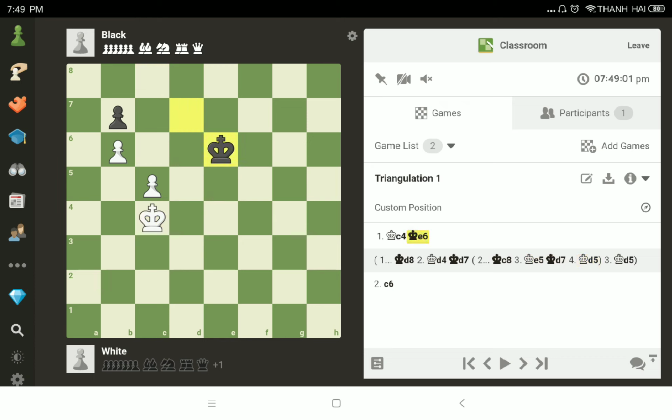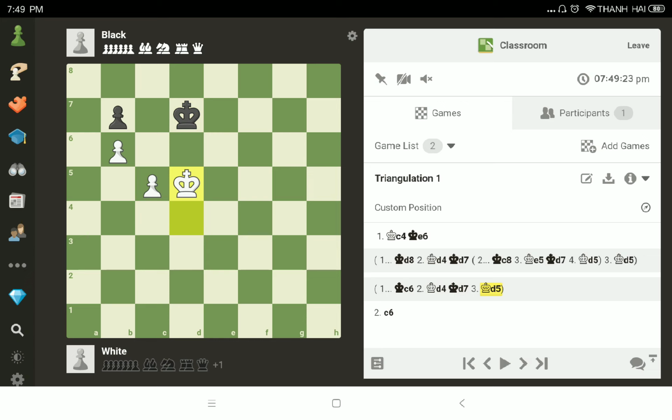Okay, and let's come back to our triangle. King d4. Okay, king c4, king c6, and now black can complete triangulation, like king c4, d4, d5, king d7, king d5.